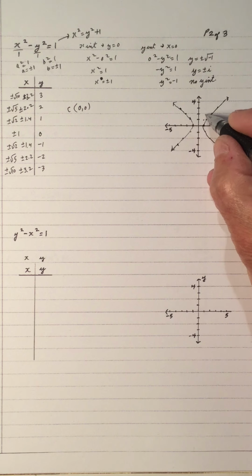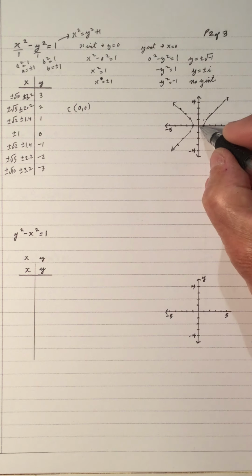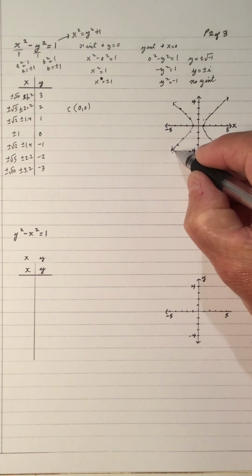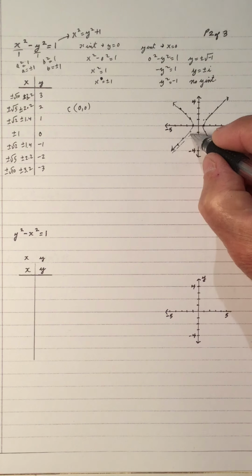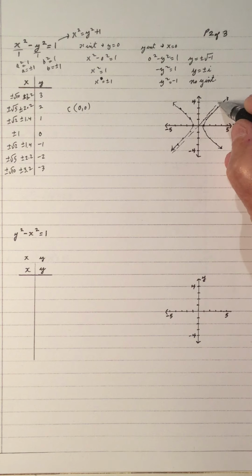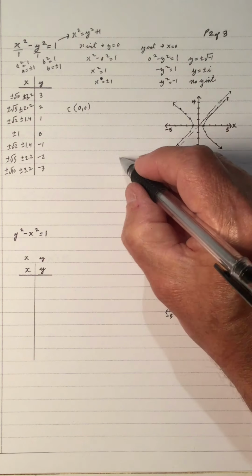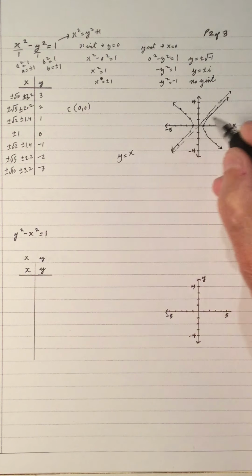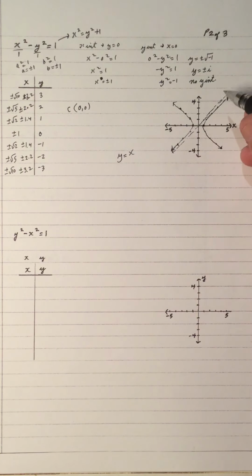What we have is what we call, in a hyperbola, an oblique asymptote: y equals x.